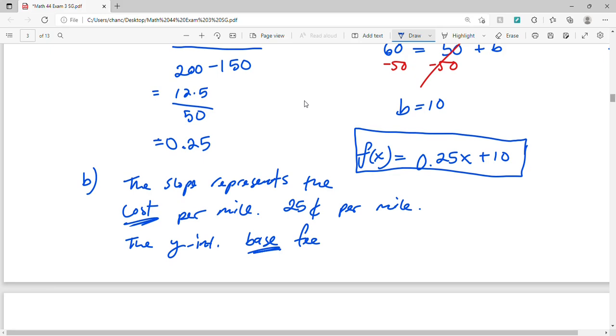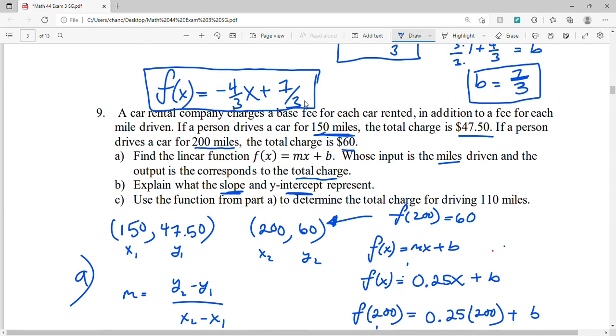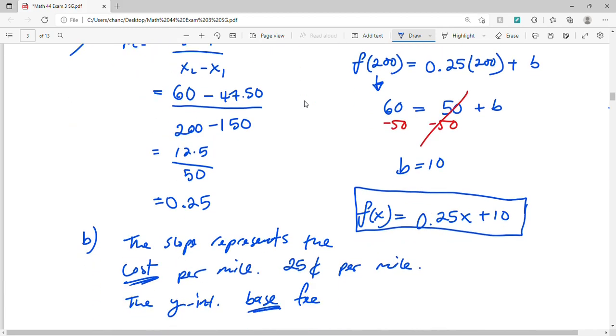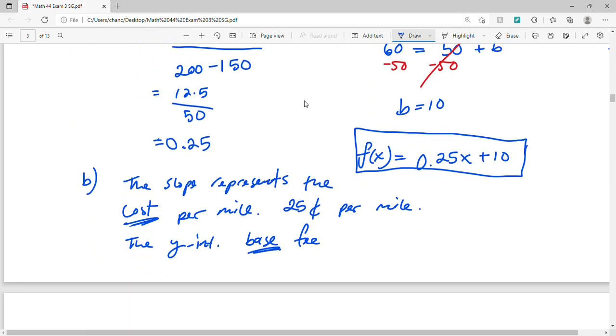We have one more part to this question, part C. It says use the formula from part A to determine how much it will cost if we drive 110 miles. That means we need to plug in 110 into our equation here for f of x. So we'll do that here. f of 110 equals 0.25 times 110 plus 10.